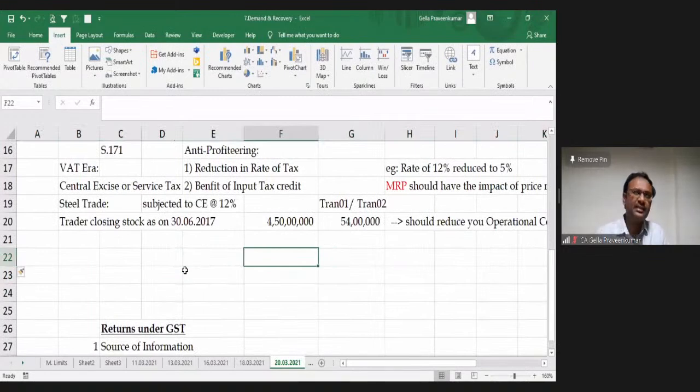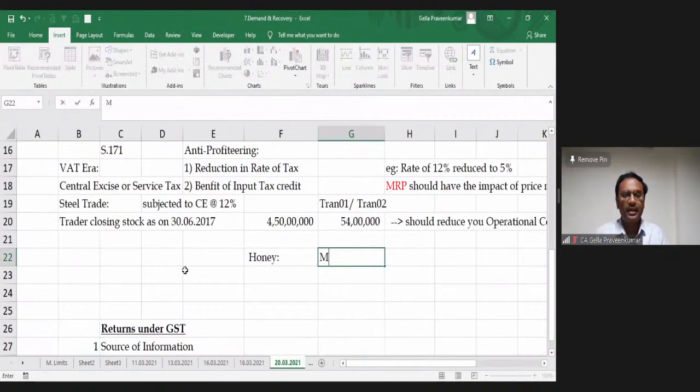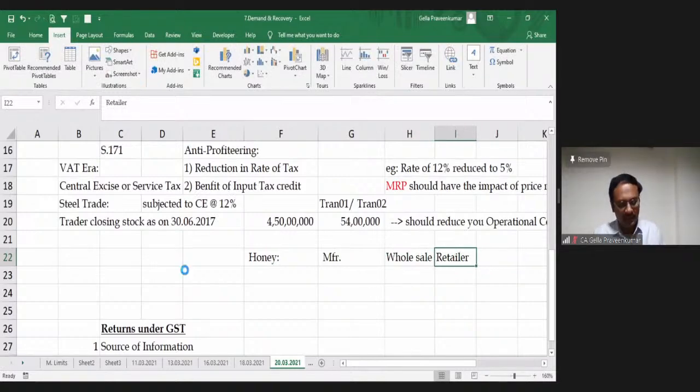Let's take an example. I will not name a particular brand. Say there is a honey, which is a branded honey. If you look at how this honey reaches the end consumer, there is a manufacturer, a wholesaler, a distributor, a retailer and the end customer.